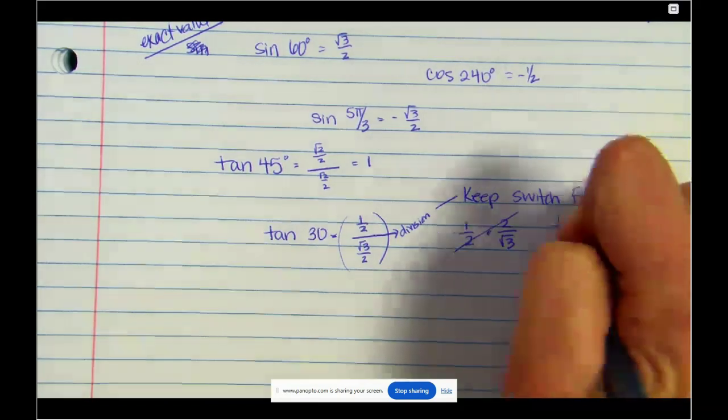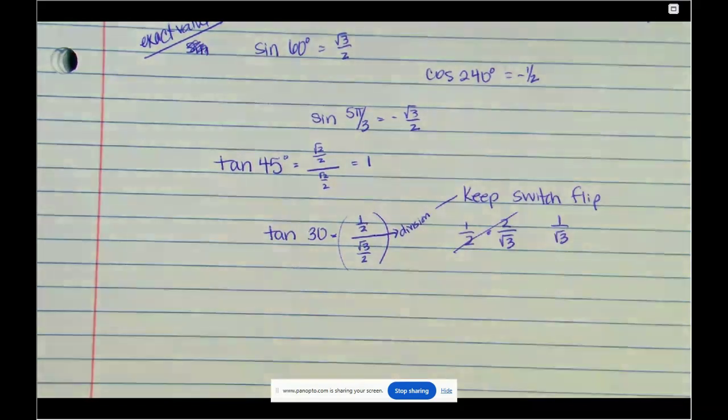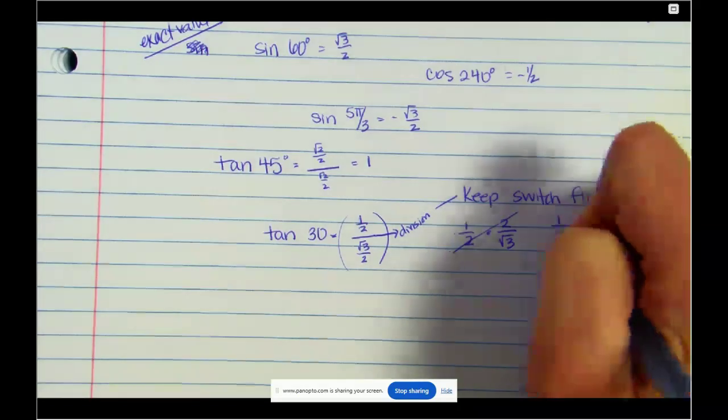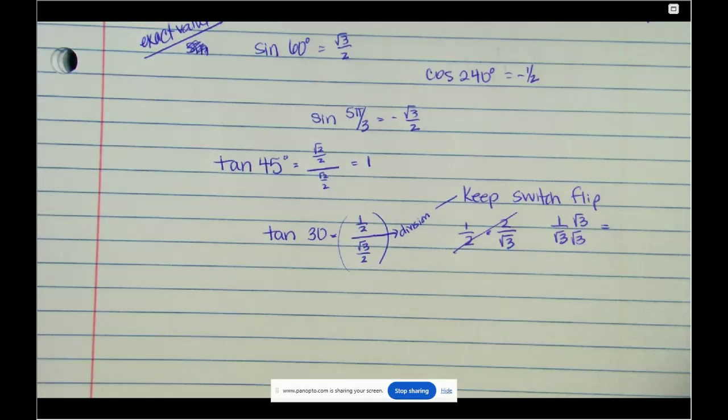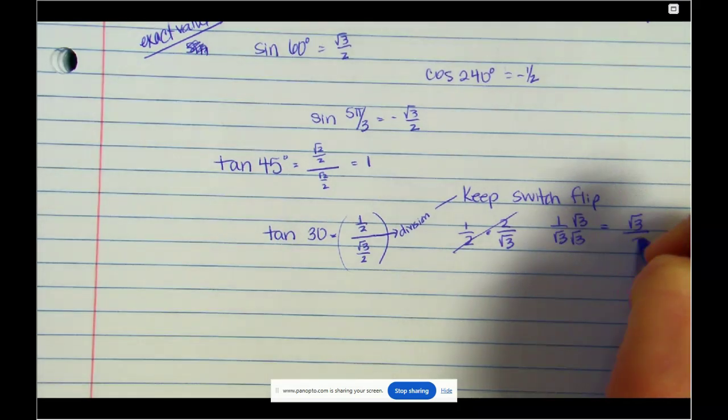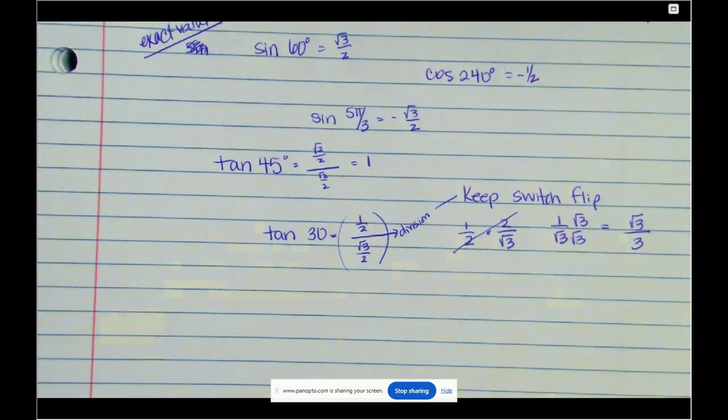This is 1 over the square root of 3, and you know what you have to do with that: square root of 3 over 3. So square root of 3 over 3 is the correct answer. That's the tangent of 30. That's the exact value.